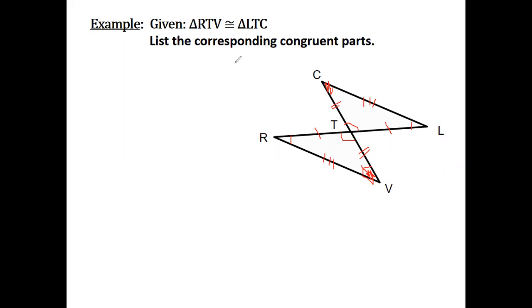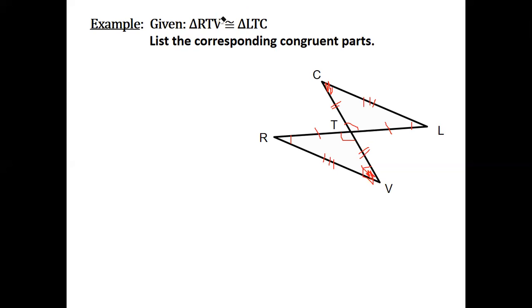What else? TRV. It will be with what? We said TRV, so it should be TLC, then TLC. What else?